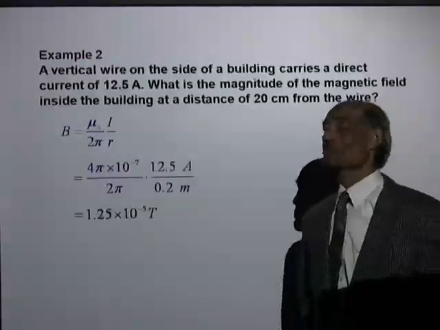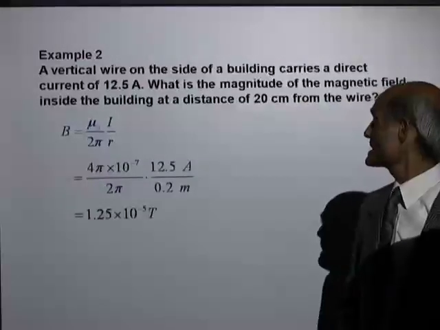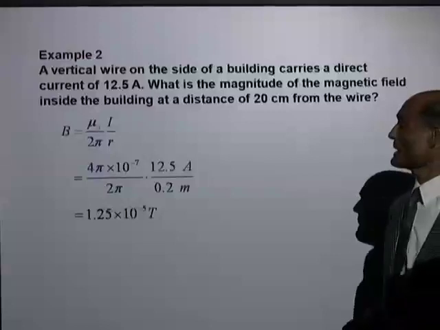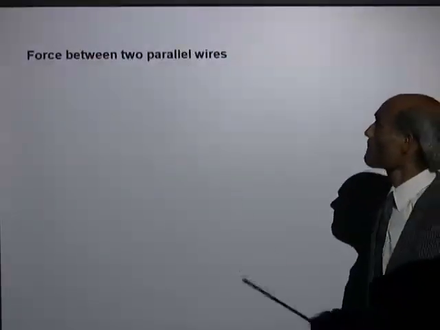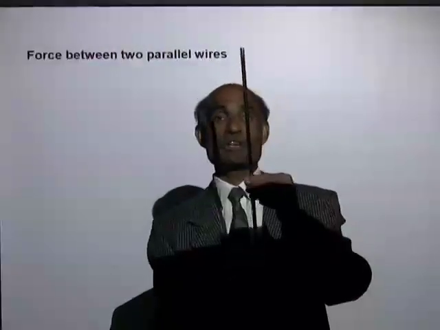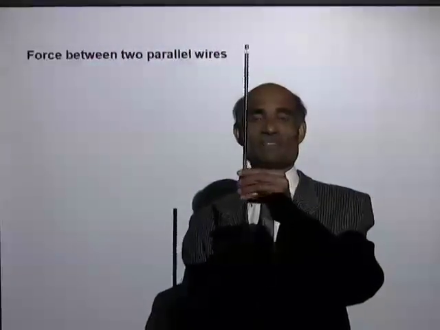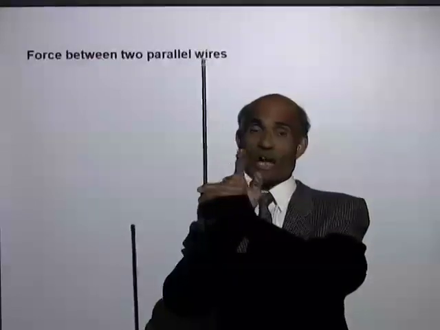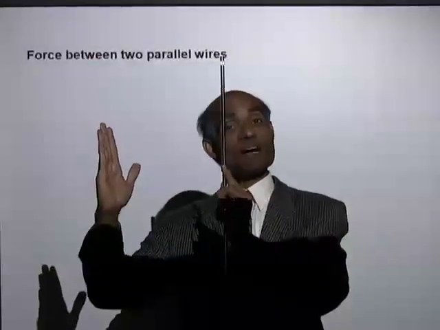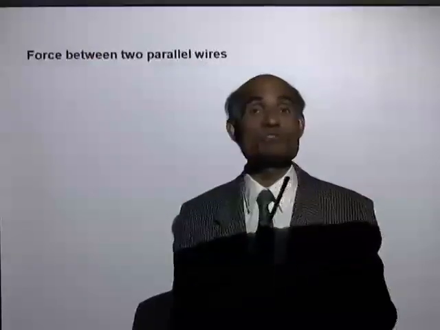And so that's 1.25 times 10 to the negative 5 Tesla. It's a very direct application of the formula. Now, if you have 2 conductors carrying current, each conductor has a magnetic field. Don't you expect that there will be a force between these 2 conductors?